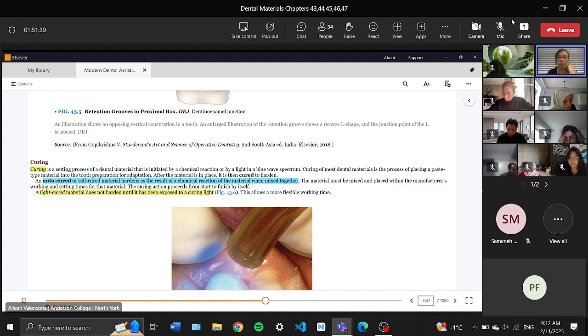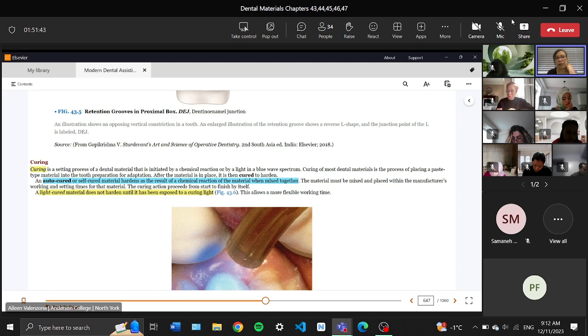Unlike the self-cure or auto-cure, where you need to move fast. You need to distribute it evenly, make sure you seal it very well, and smoothen it, because it will set. It has a time limit to set. That is the difference between light curing and the auto-cure or self-cure.